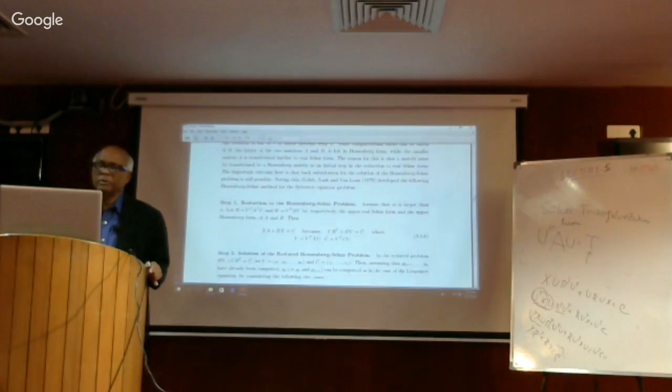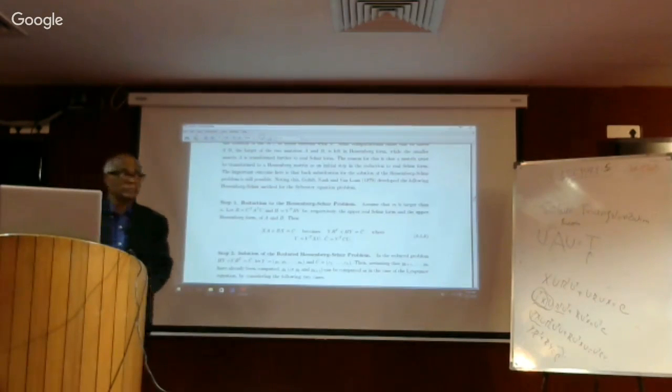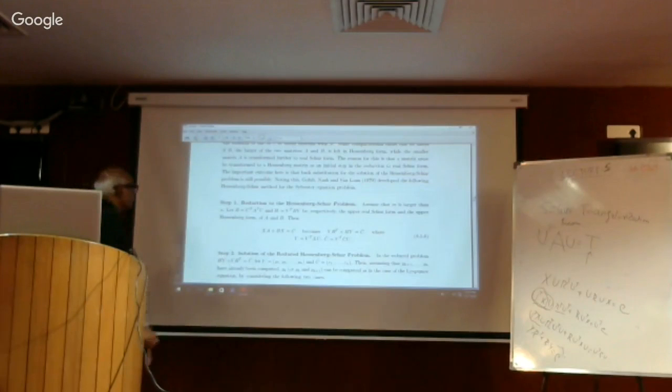So here is the same thing. Here A is smaller than B. So we reduce the matrix A transpose to the real Schur form, and the B matrix is transformed to a Hessenberg matrix.